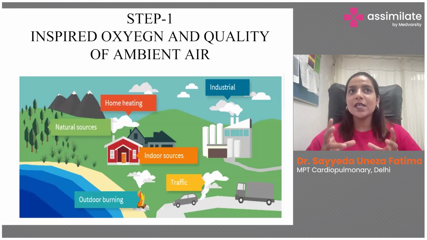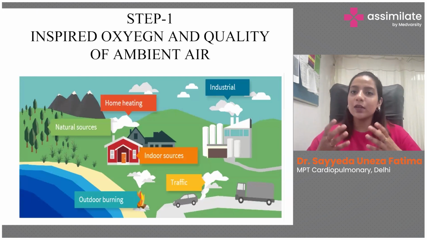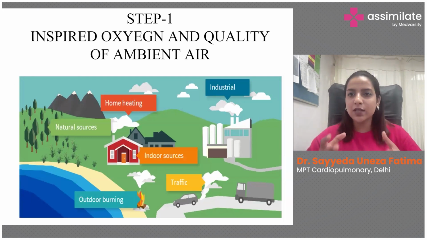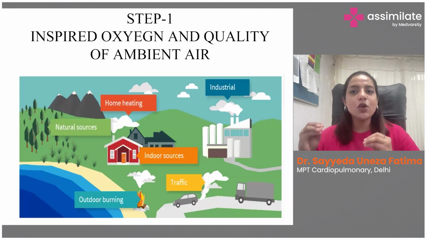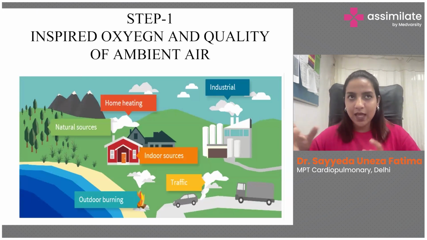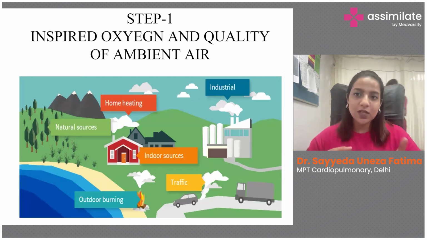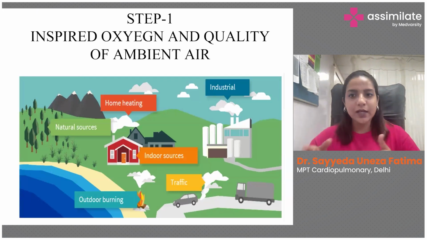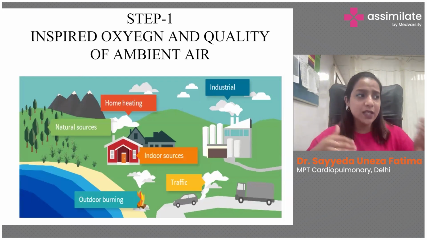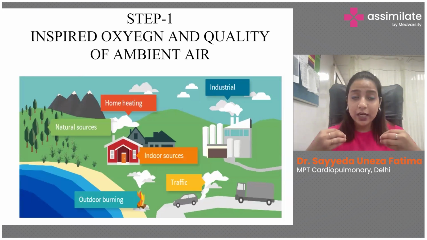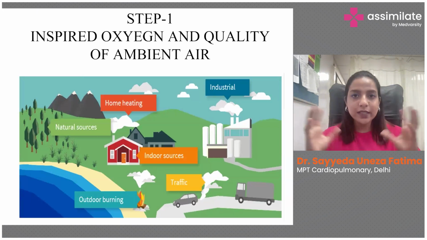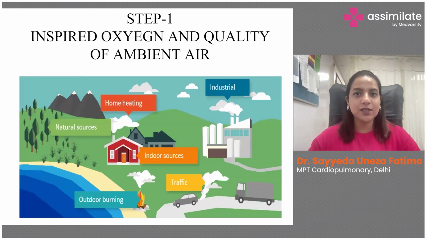We have seen that diagram or a pie chart in middle school, like 8th standard, that we have 21% oxygen in the air, and the rest is nitrogen and other gases like carbon dioxide and carbon monoxide. So when we are breathing room air, the oxygen content is 21%. This is the basic thing that everybody must know.